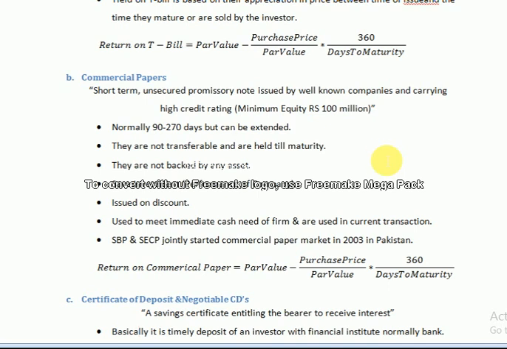So commercial paper, dear students, is an unsecured short-term debt instrument, keep in mind, that is issued by a company generally for financing accounts receivable and inventories and meeting short-term liabilities. Commercial paper is usually issued at a discount from the face value and reflects the prevailing market interest rate.